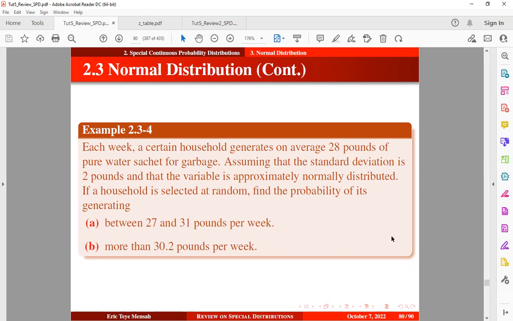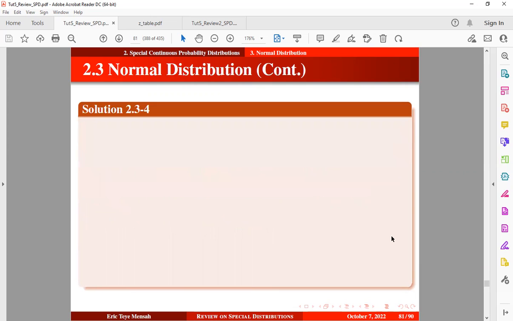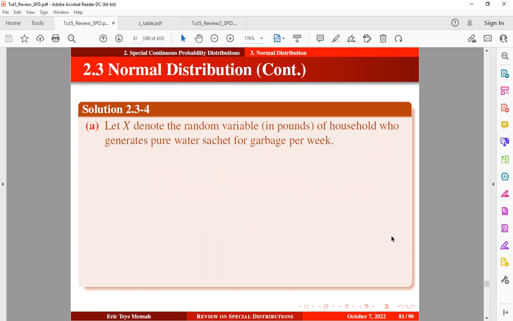Okay, so let's take a look at the solution for this. For the first part, let x denote the random variable in pounds of pure water sachet garbage a household will generate per week. We want to find the probability that the household will generate between 27 and 31 pounds of garbage.